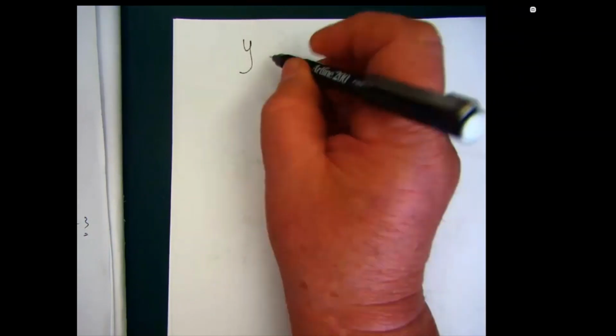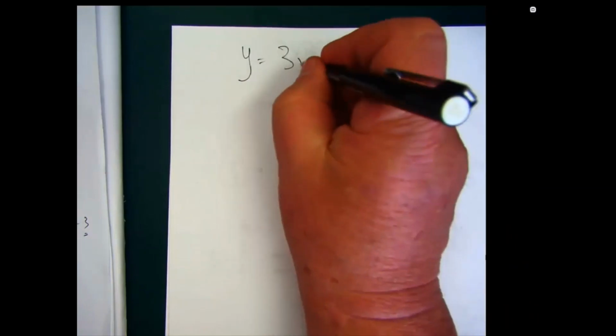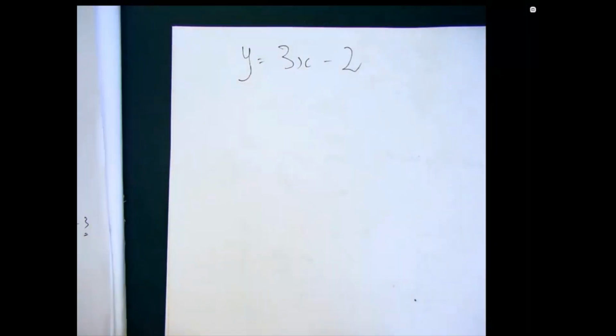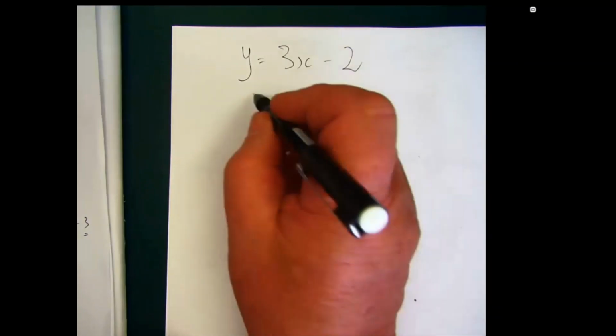Let's have a look at something that is not in the booklet, but we can do it here. Supposing the lecturer says, we're going to look at this graph: y equals 3x minus 2. Again you can do your table of values, or if you're reasonably good with maths you can work this out as follows.